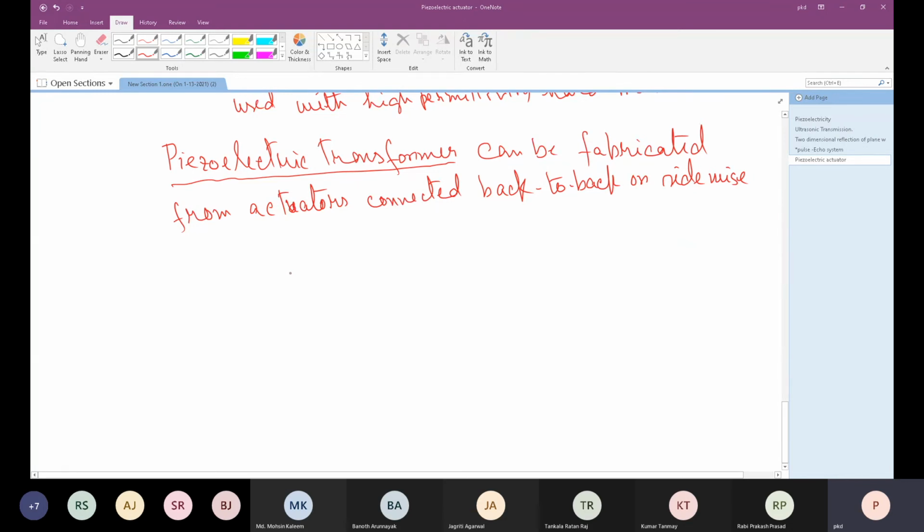Or if we want to pick up the displacement feedback from the thickness side, then it will be back to back. So a piezoelectric transformer is basically a solid state transformer.